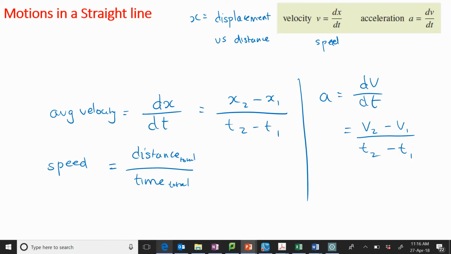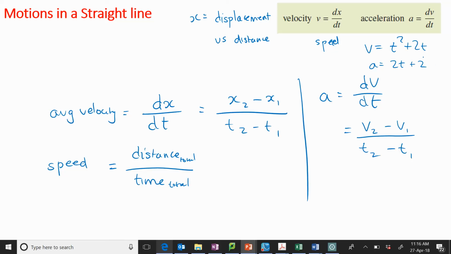So yes, the derivative at a point. If I gave you an equation for velocity, say dv/dt, t squared plus 2t, then acceleration would be the derivative of this, which gives you 2t plus 2.